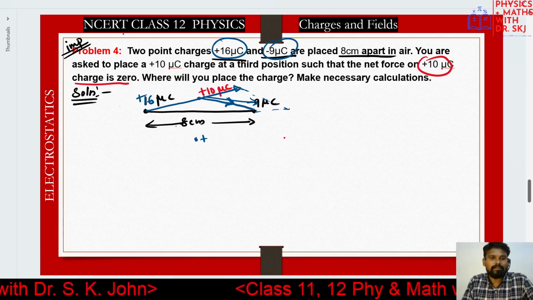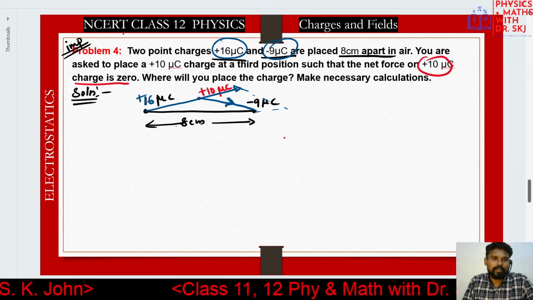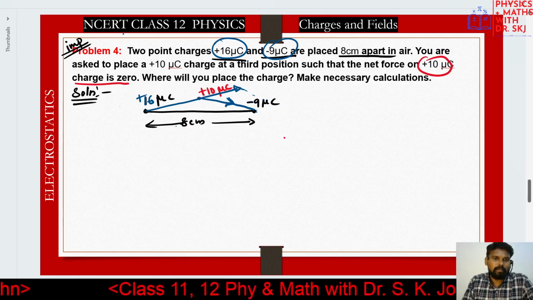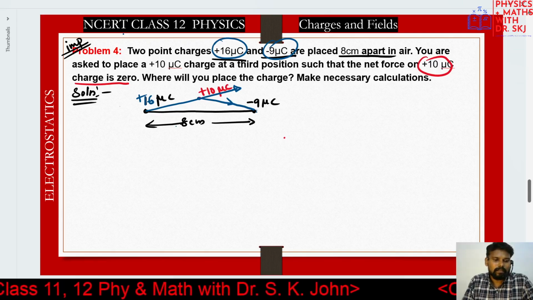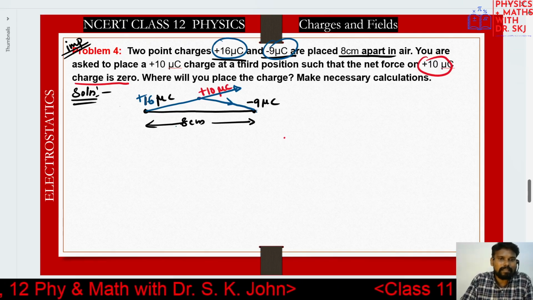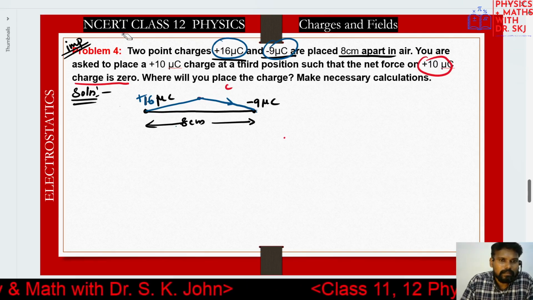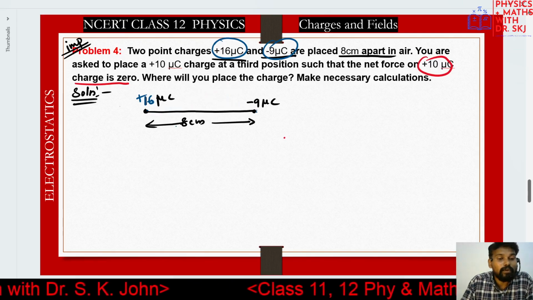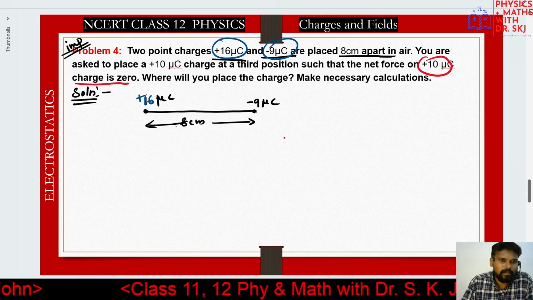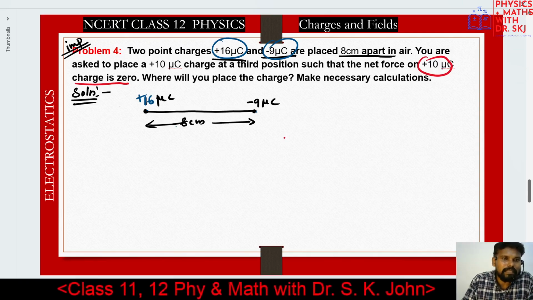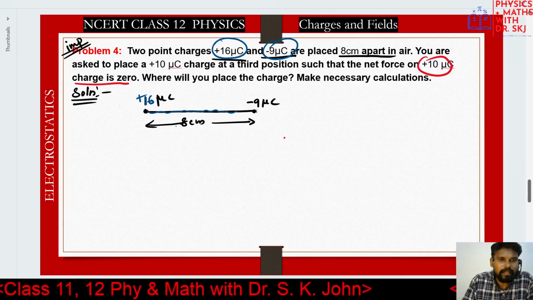So what is the other option? The possible options are, we can place the 10 microcoulomb charge at any point on this line. On this line means in between the charges, somewhere, anywhere here.